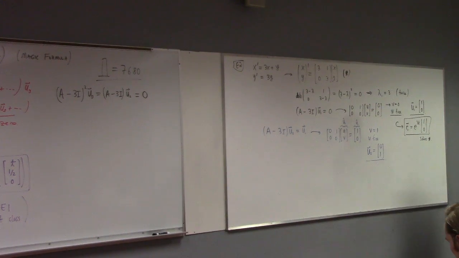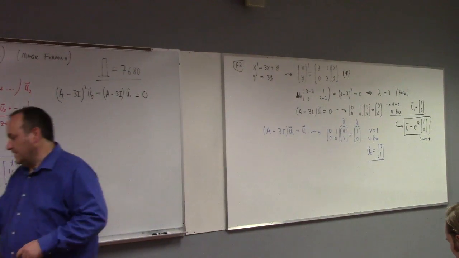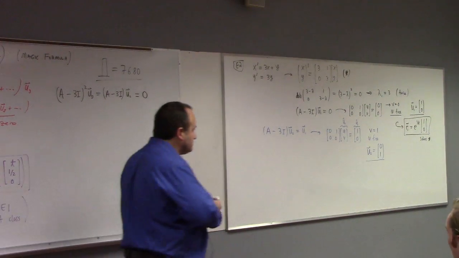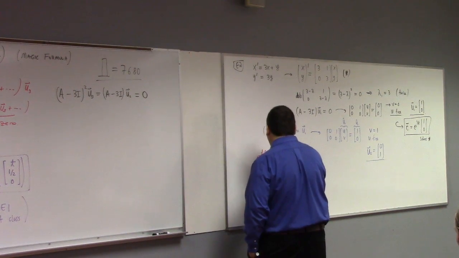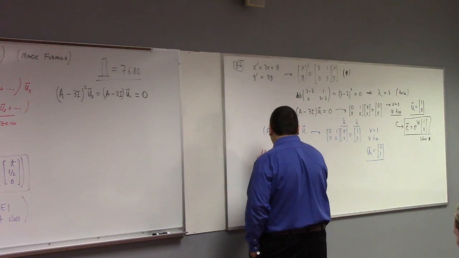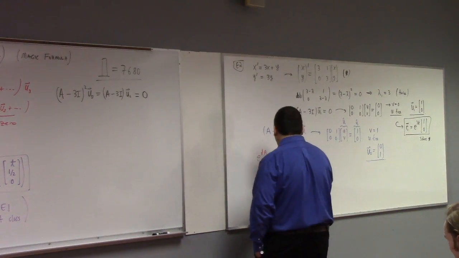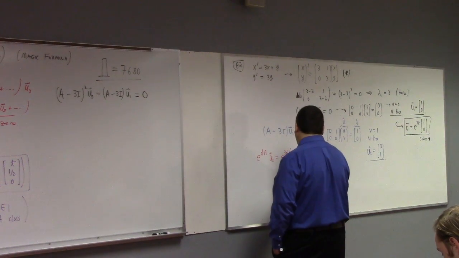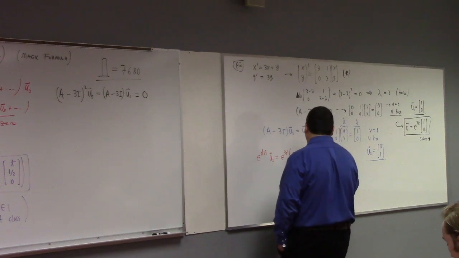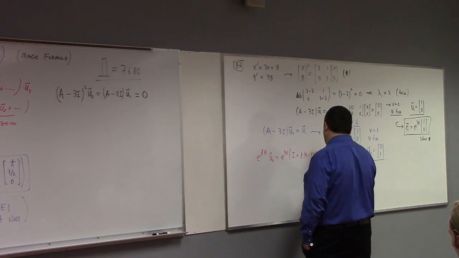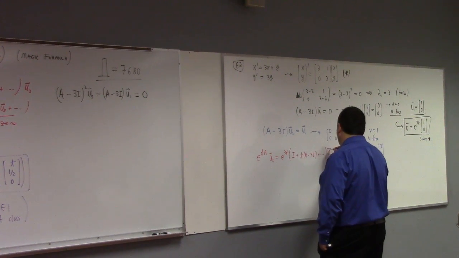Great. And then to finish this thing, I use the magic equation. So I do e to the tA times u2, which is equal to e to the 3t times (I plus t times (A minus 3I) plus dot dot dot) applied to u2.